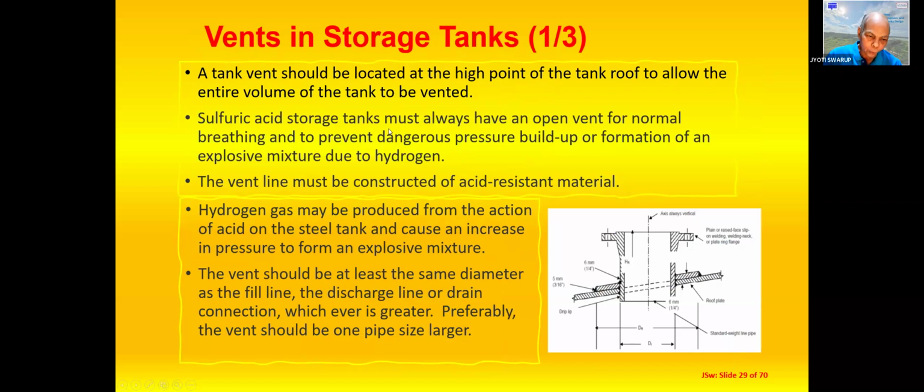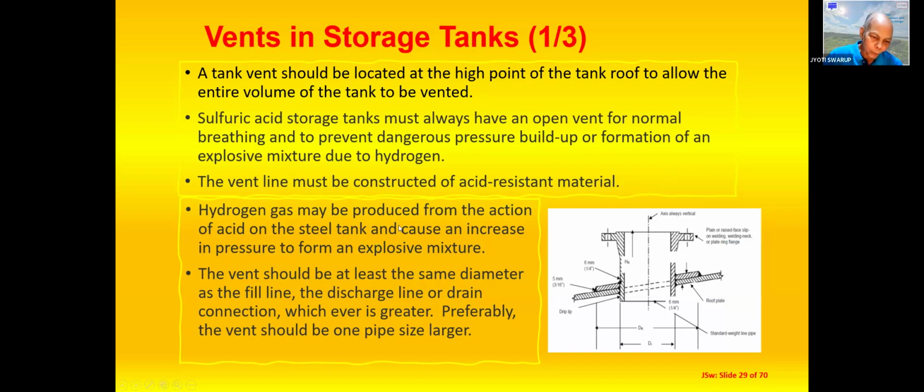So, sulfuric acid storage tanks must always have an open vent for normal breathing and to prevent dangerous pressure buildup or formation of an explosive mixture due to hydrogen, and the vent line must be constructed of acid resistant material. If you construct it with carbon steel, it may corrode and even close.